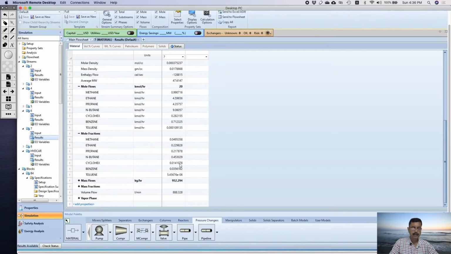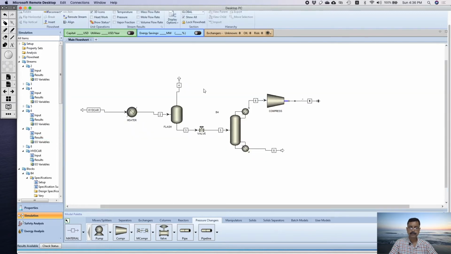And you can see the percentage of cyclohexane, benzene and toluene. Toluene is trace amount. Not much of toluene is there. But cyclohexane and benzene, some percentage is there, very, very small. So that is the specification of LPG. So we write here, we rename this thing as LPG.